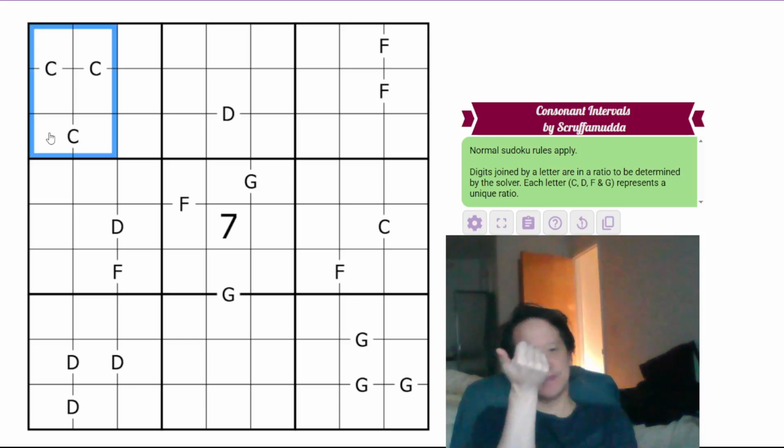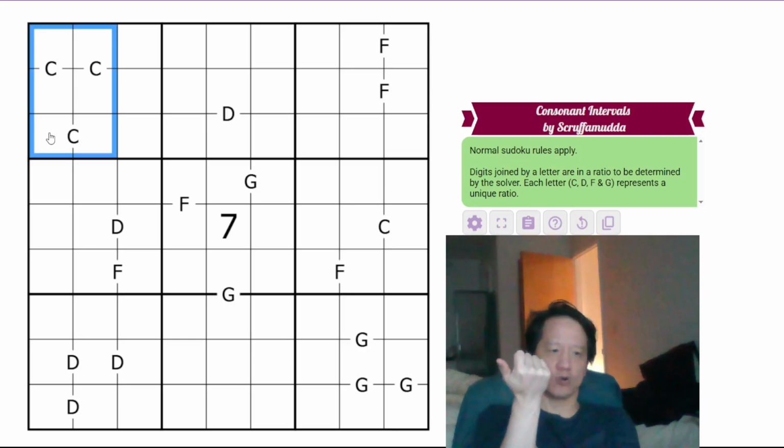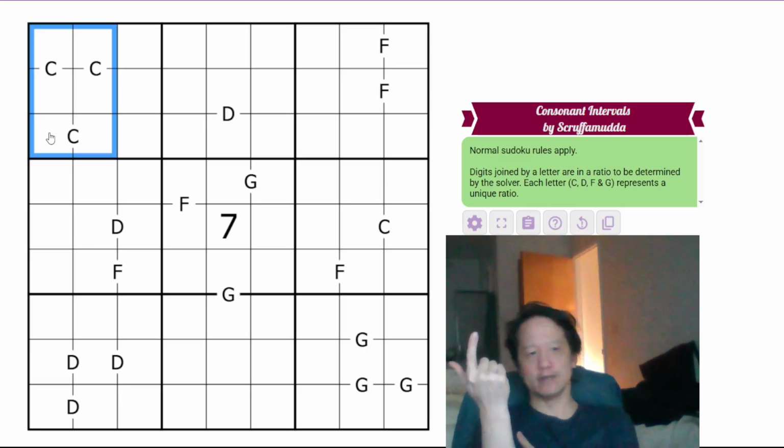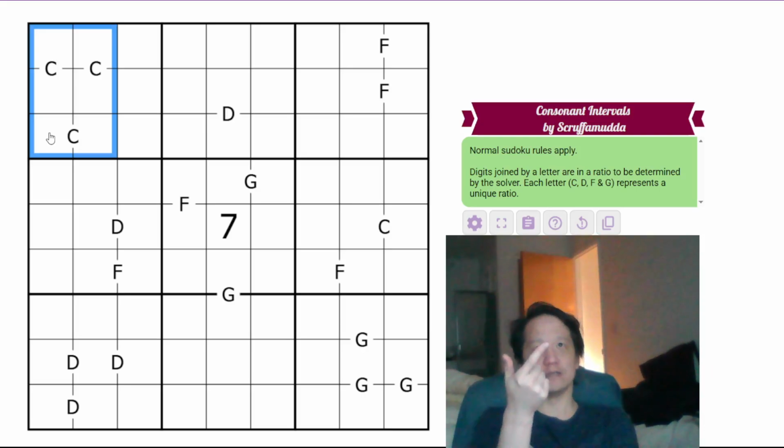You can't have 5. 5 to 1 doesn't work because then you have 2 and 10. 5 to 2 doesn't work because then you have 4 and 10.